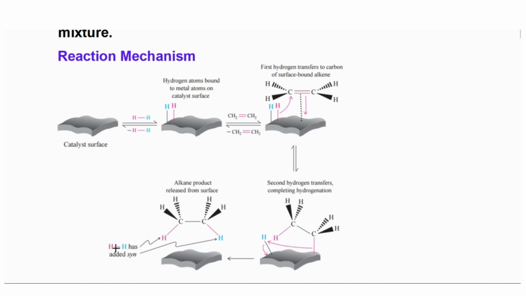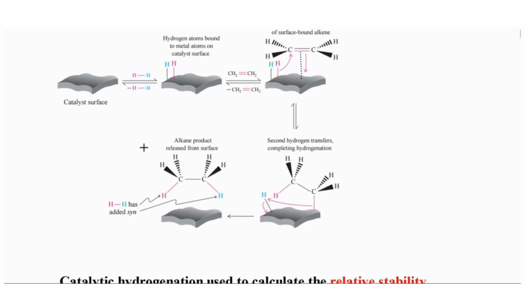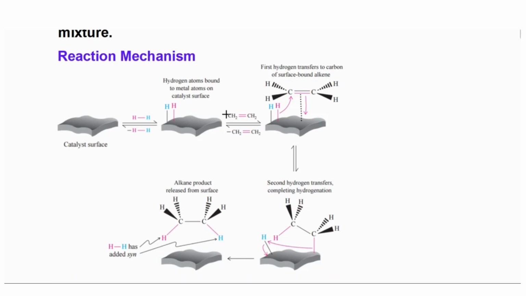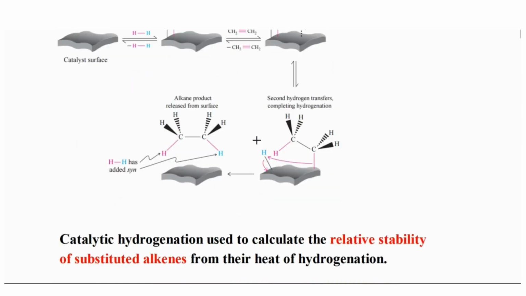You see here both the hydrogens are added on the same side. That's why we call it a syn addition. So this is the general reaction mechanism of the hydrogenation of alkene.